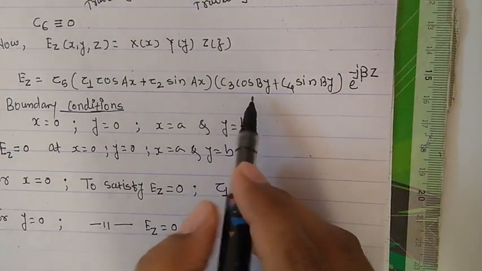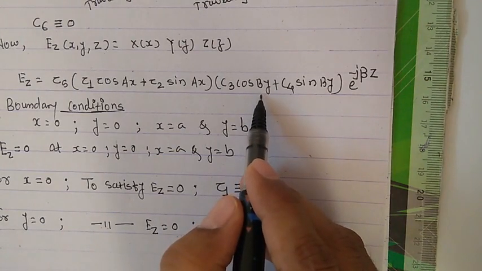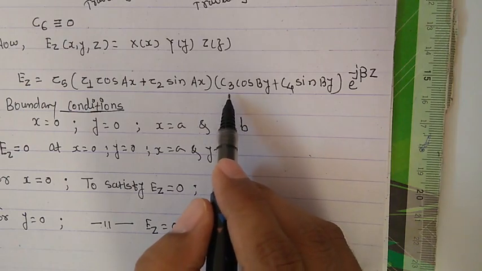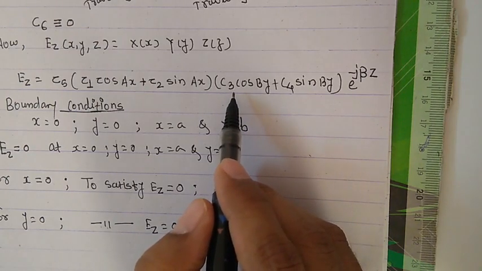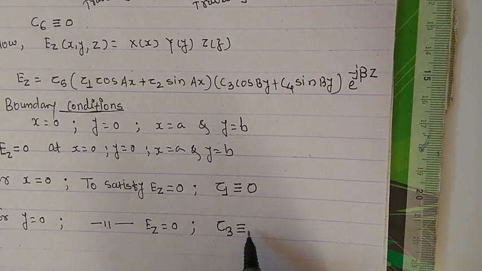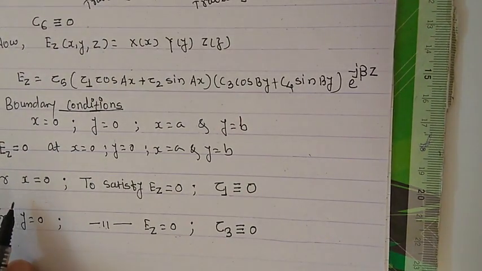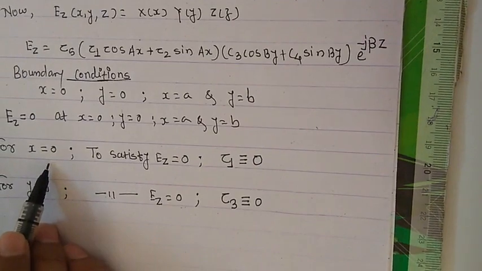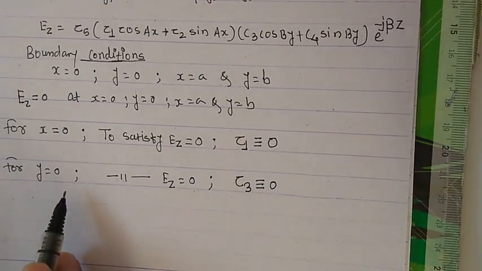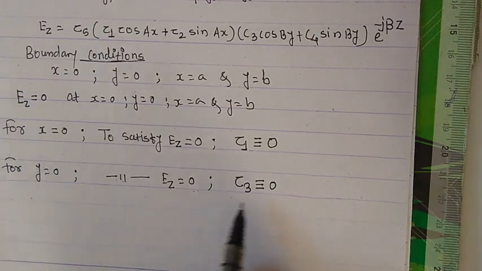But if you put y equal to 0, this cos 0 will become 1. Then your C3 must be 0. Then only Ez will be 0. So for x equal to 0, to satisfy the boundary condition, C1 must be 0. For y equal to 0, to satisfy your boundary condition, C3 must be 0.